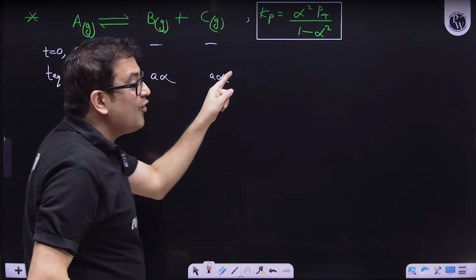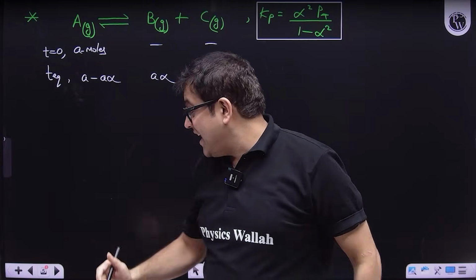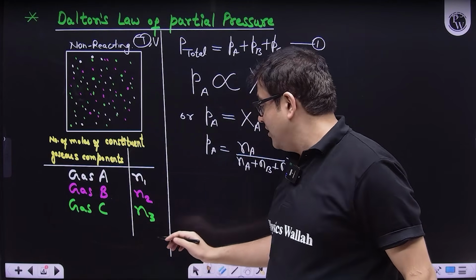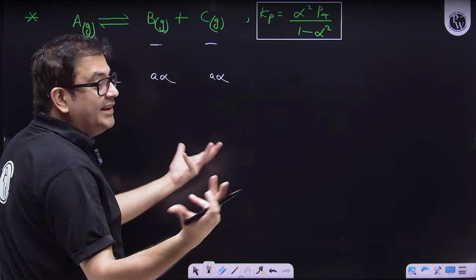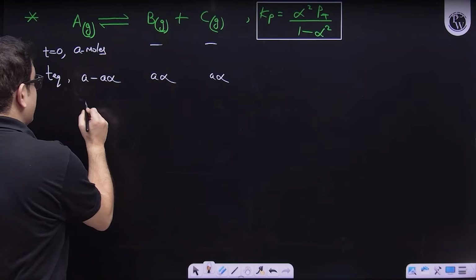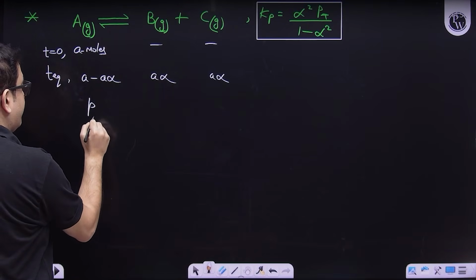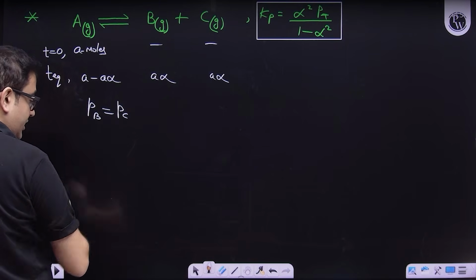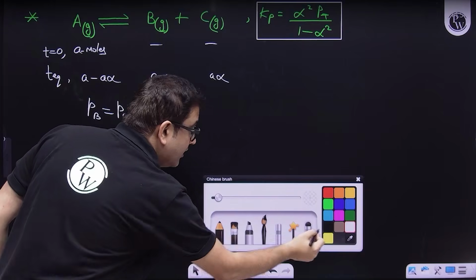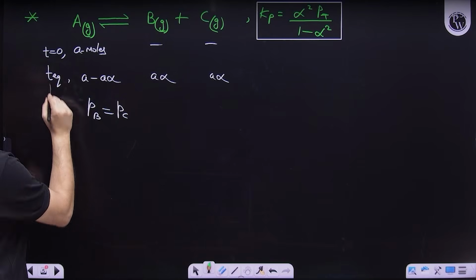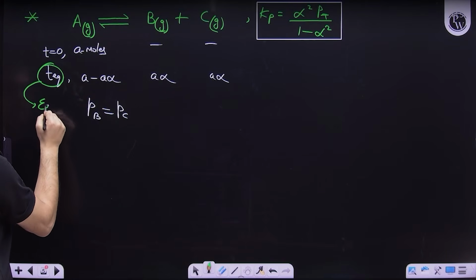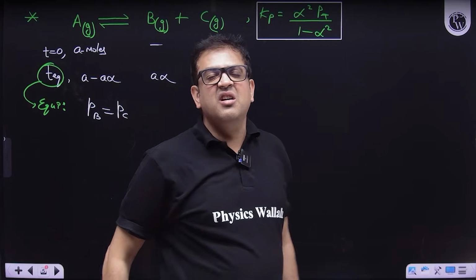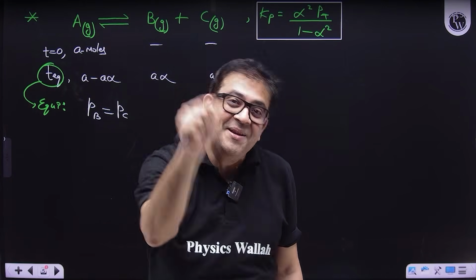So moles of these species, you know, Na, Nb, Nc, N1, N2, N3. Now, what will be partial pressures? Sir, partial pressure of B will be equal to partial pressure of C, and all these pressures I'm talking at equilibrium, because Kp depends on the concentration and pressure of gases at equilibrium.